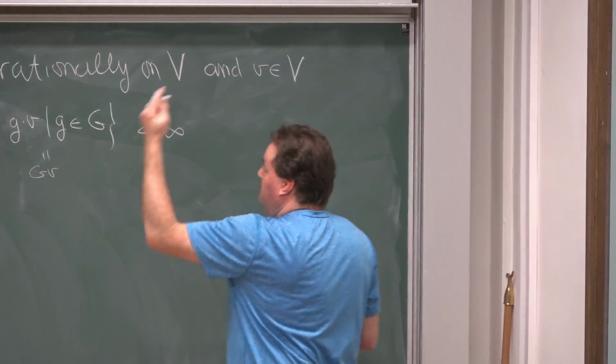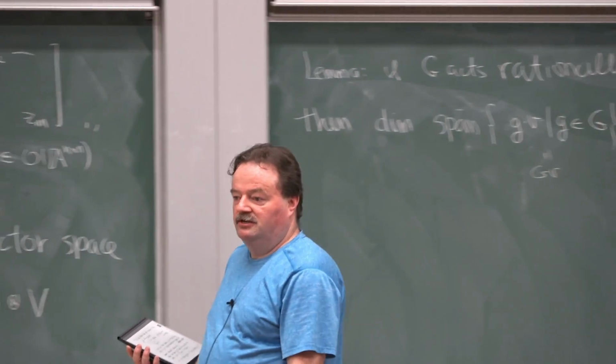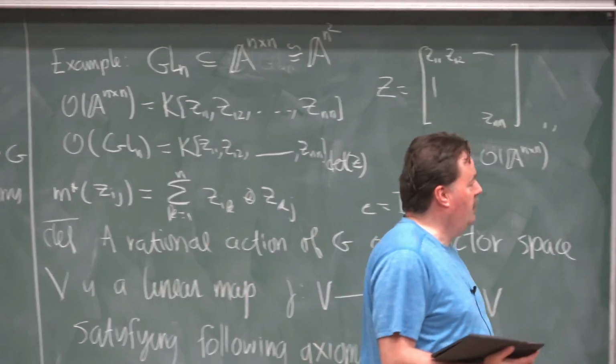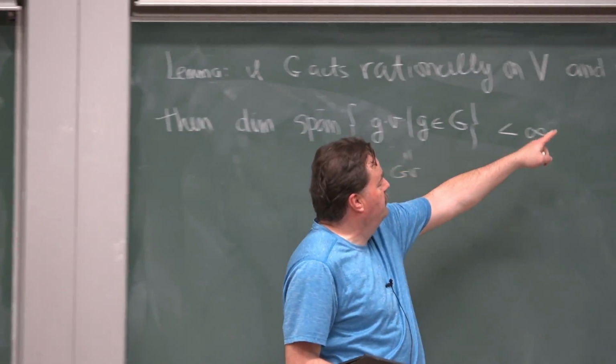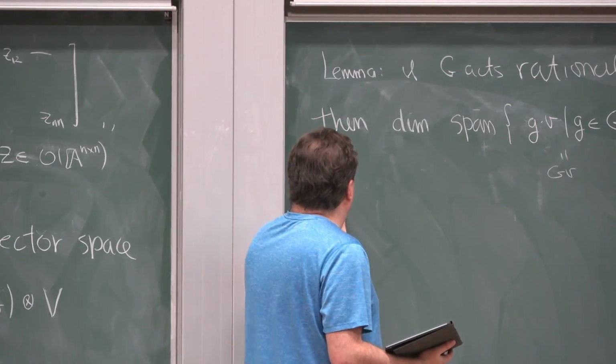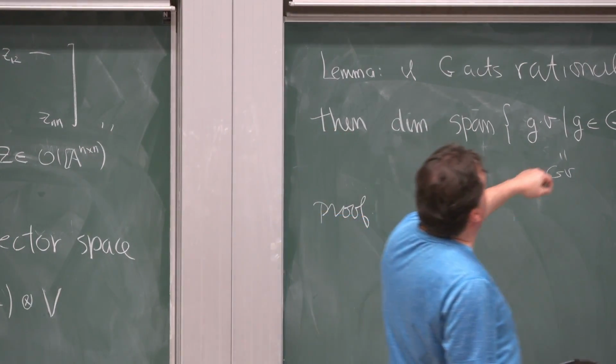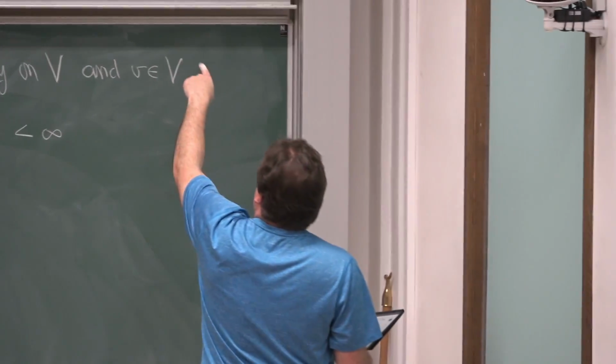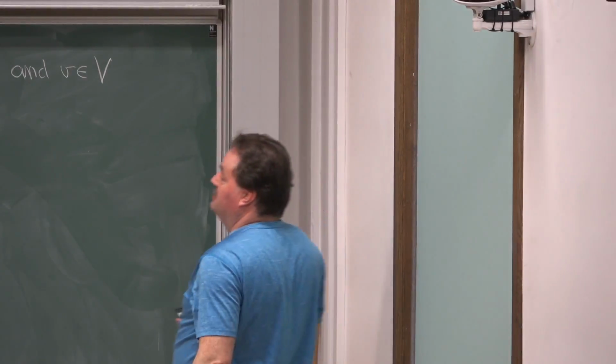So even though V may be an infinite dimensional space, the span of all elements in the orbit of v is still finite dimensional. And this follows almost immediately from the way the group acts, right?